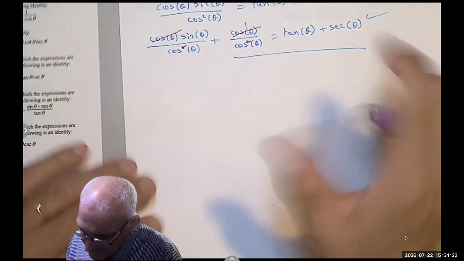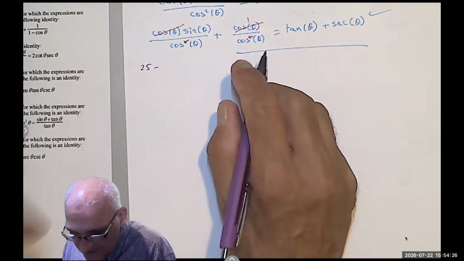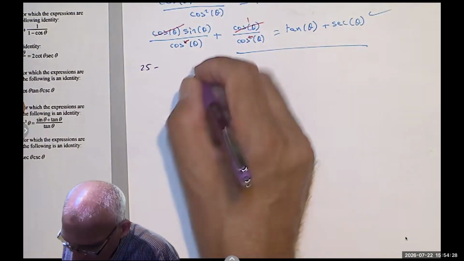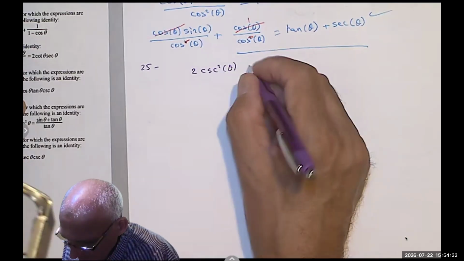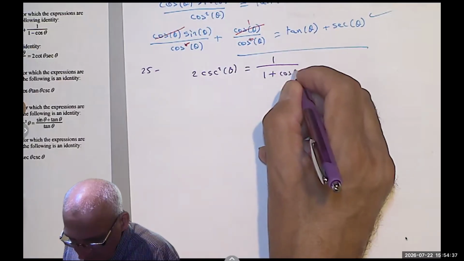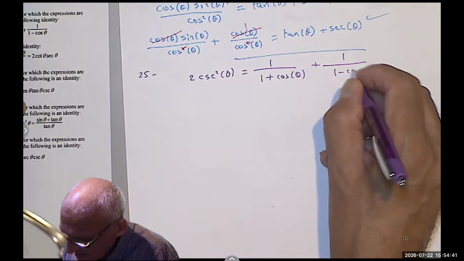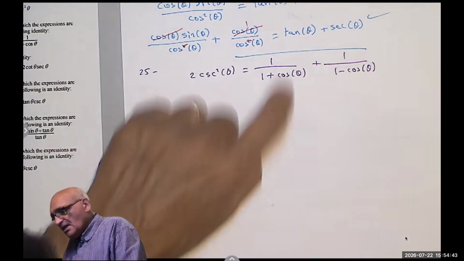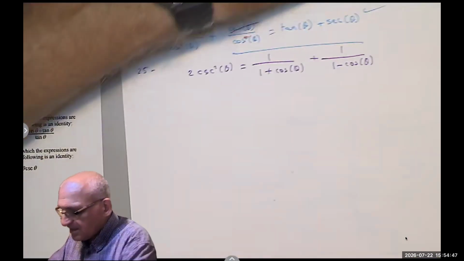Number 25. For all values of theta for which the expressions are defined, prove the following: 2 cosecant square theta equals 1 over 1 plus cos theta plus 1 over 1 minus cos theta. Once you see two different denominators, you take a common denominator.